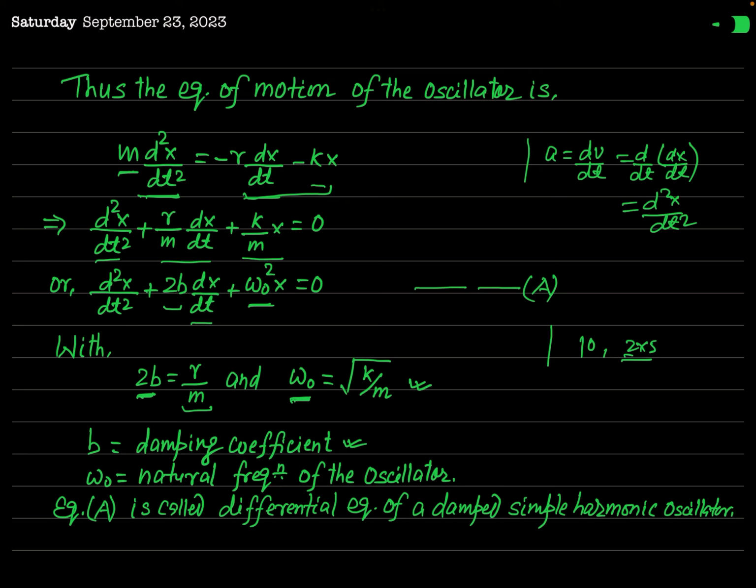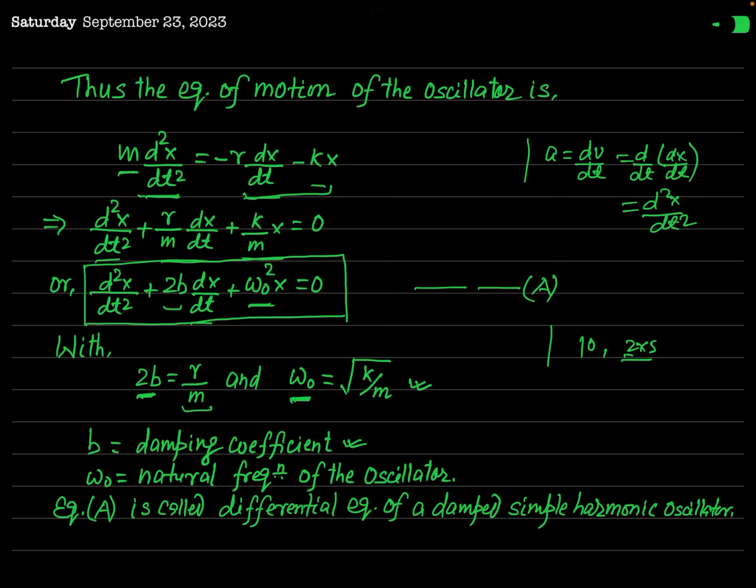So this equation which we have obtained here, d2x by dt square plus 2b times dx by dt plus omega naught square x equal to 0, is a differential equation of second order with constant coefficients.